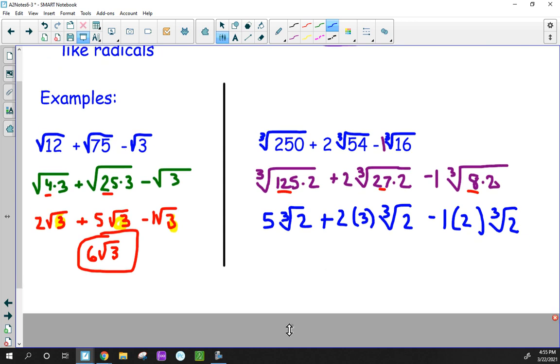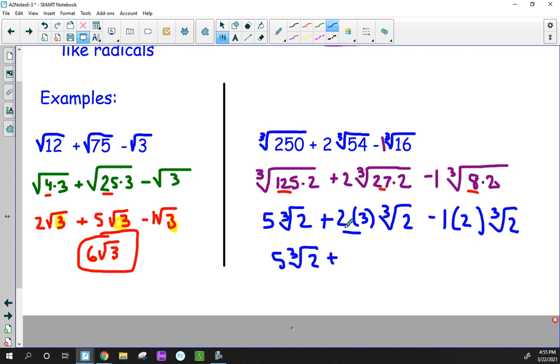Alright, so let's do some simplifying here. This is going to be 5 cube roots of 2 plus 2 times 3, 6 cube roots of 2, minus 2 cube roots of 2. So all index numbers or indices are the same, which is awesome.